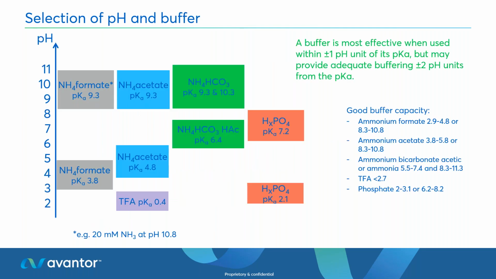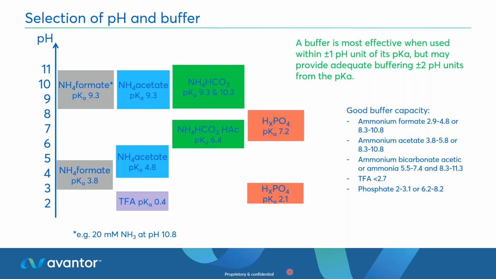So there's lots of buffers we can use to achieve different pHs. And when you're doing method development, maybe you want to do some blends of acetates and phosphates so you can cover the whole pH range. Choice of buffer should be, again, related to what pH you're working at or want to work at and what detection method you have.